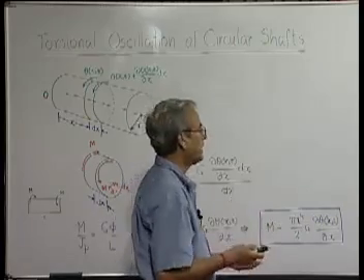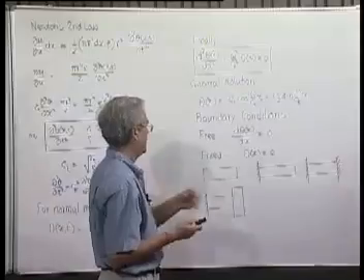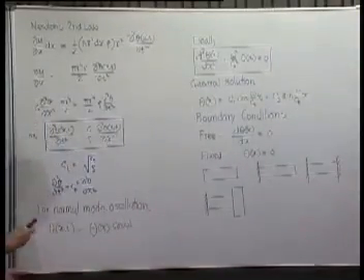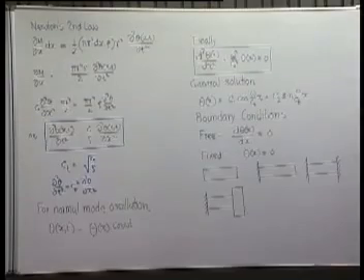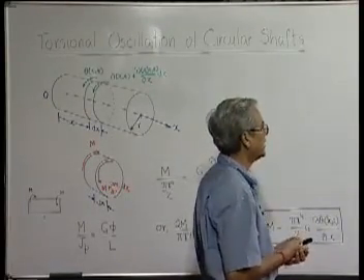The mode shapes will also be similar to what we got in case of longitudinal vibration of bars for the same condition, same form of solution, only capital X will be replaced by capital theta and C will be replaced by theta.